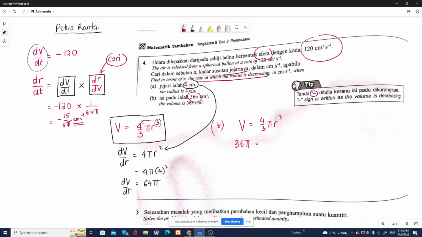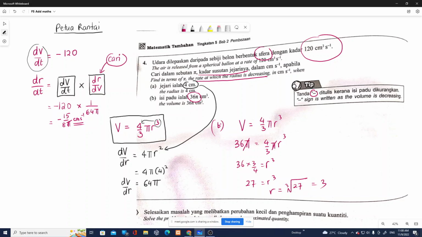Okey, bersamaan dengan 4/3 pi r kuasa 3. Pi boleh potong. Lepas tu 36 darab 3/4 bersamaan dengan r kuasa 3. So, 27 bersamaan dengan r kuasa 3, dan r bersamaan dengan punca kuasa 3, 27. Kamu dapat 3 cm lah. Betul tak?